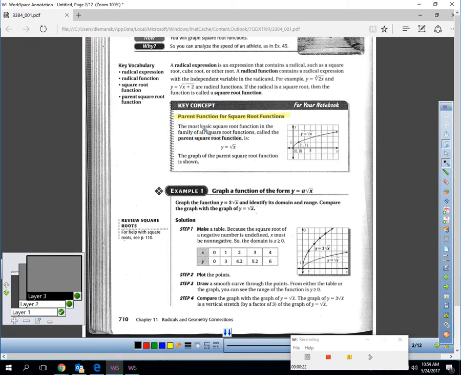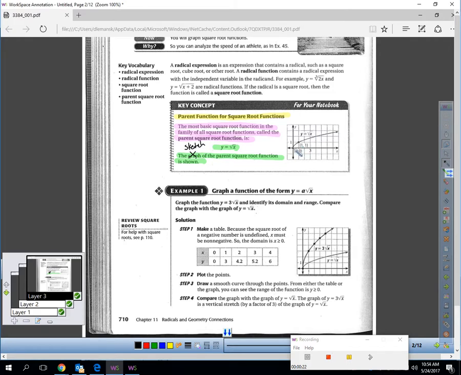Let's talk about the parent function for a square root function. The most basic square root function in the family of all square root functions, called the parent square root function, is what you're seeing here. The sketch of the parent square root function looks like the following.